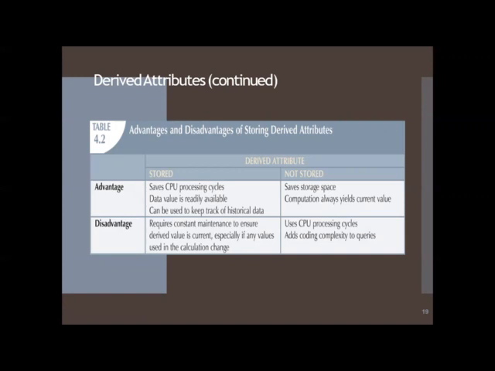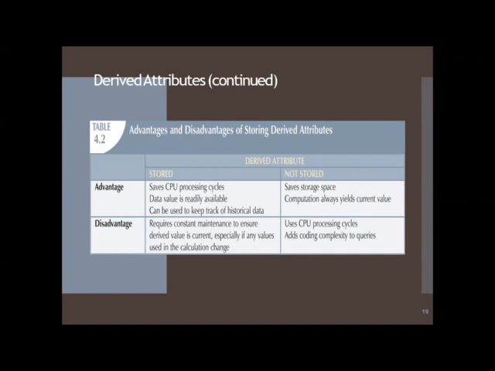But we also have the disadvantages of storing a derived attribute. It requires constant maintenance to ensure the derived value is current, especially if any value used in the calculation changes.